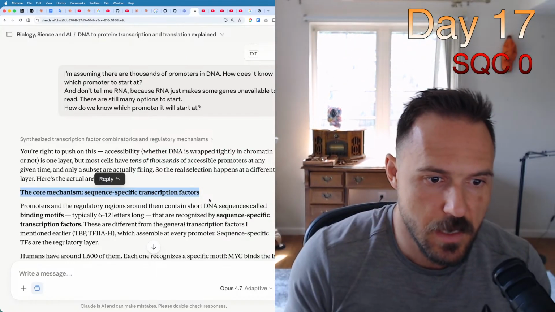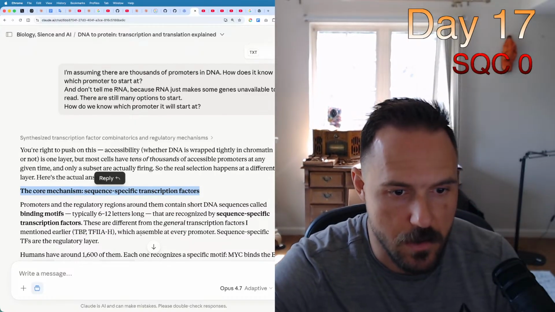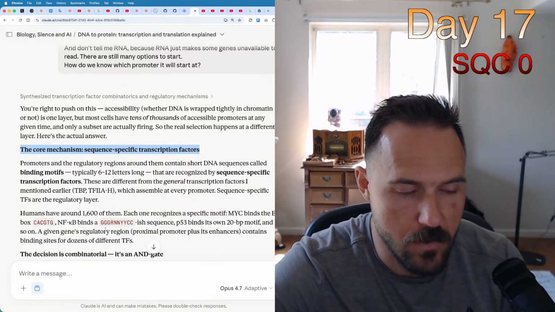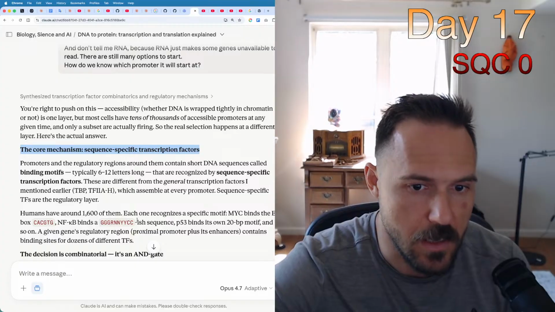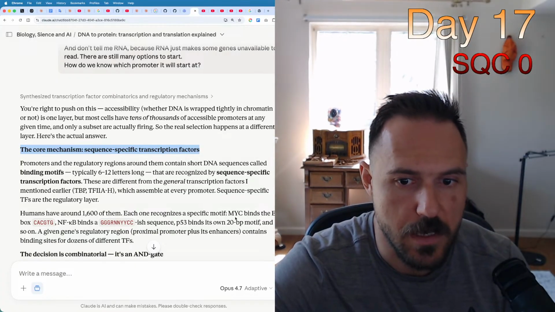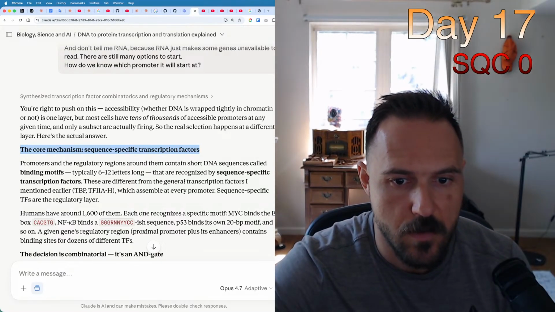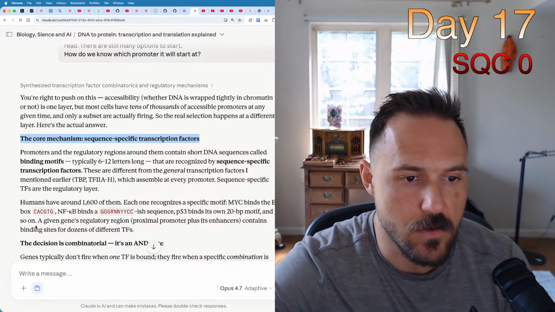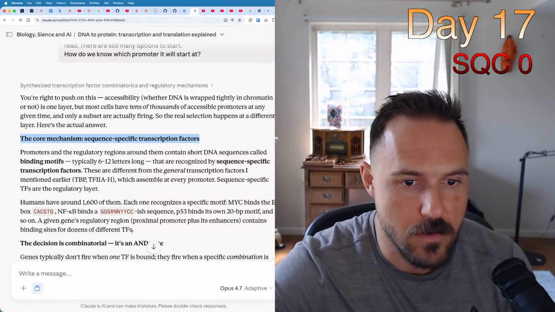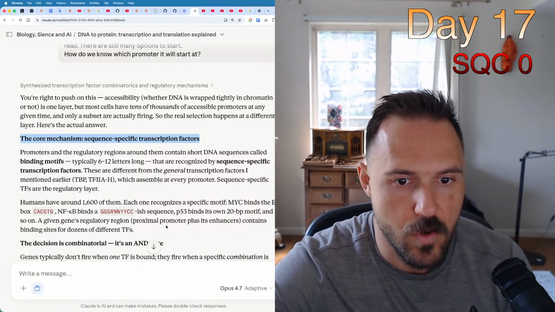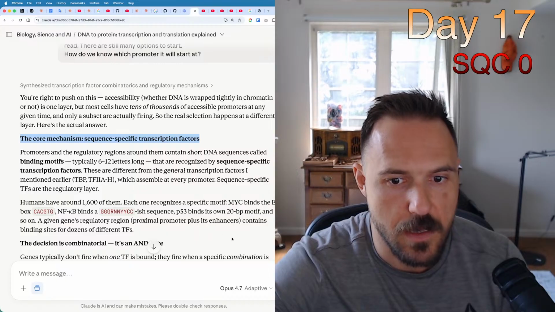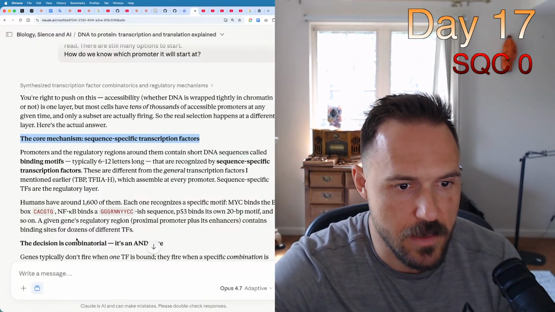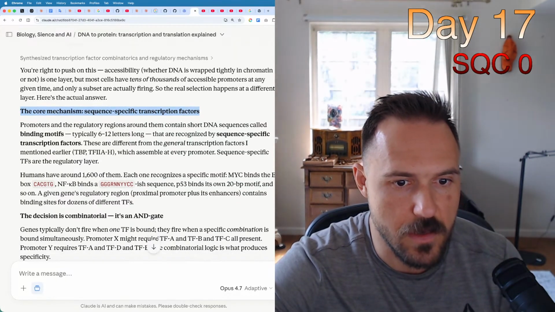Sequence-specific TFs are the regulatory layer. Humans have around 1,600 of them. Each one recognizes a specific motif, binds its own 20 BP motifs, and so on. A given gene's regulatory region, proximal promoters plus enhancers, contains binding sites for dozens of different TFs.